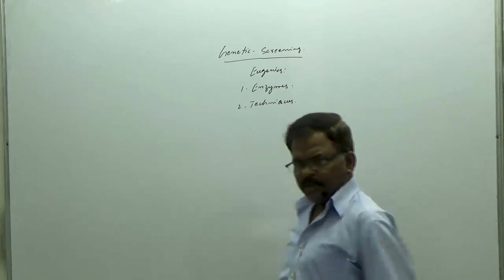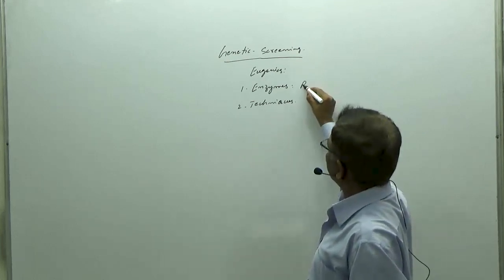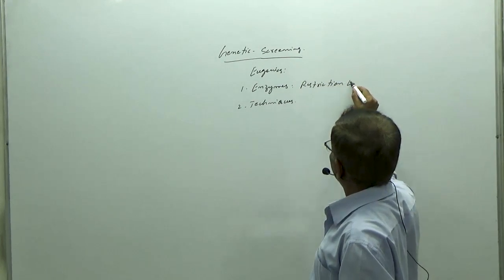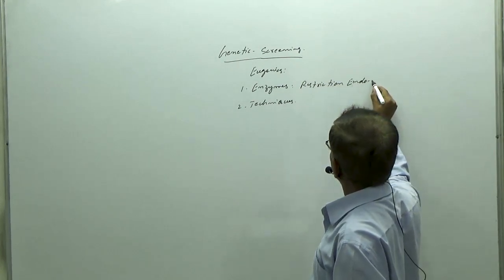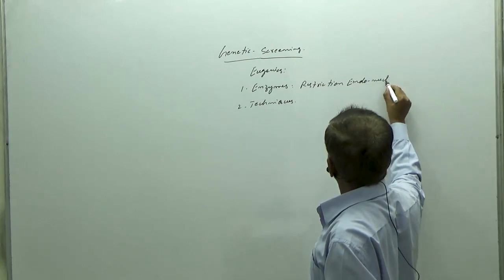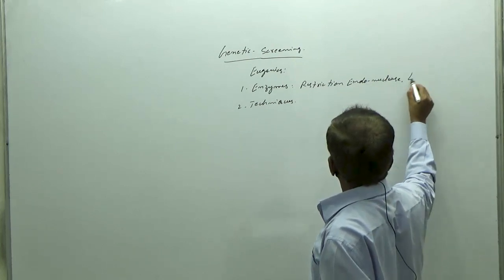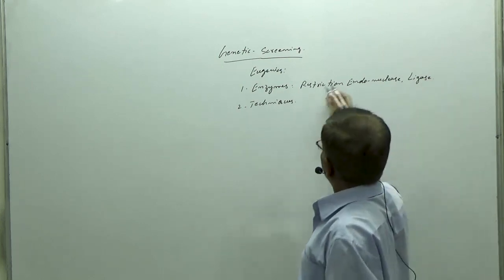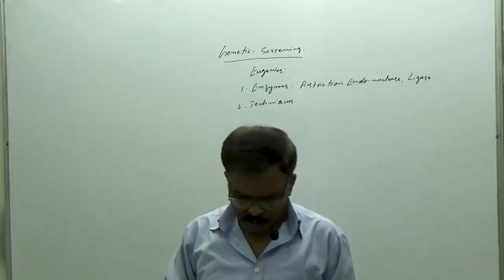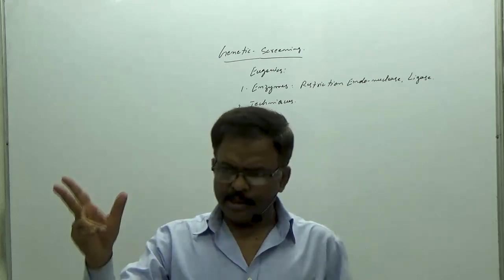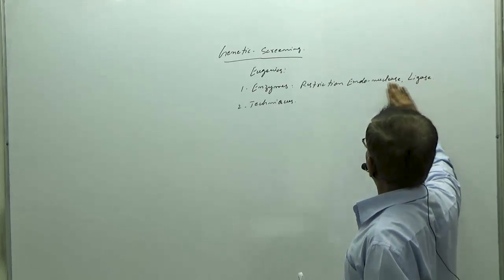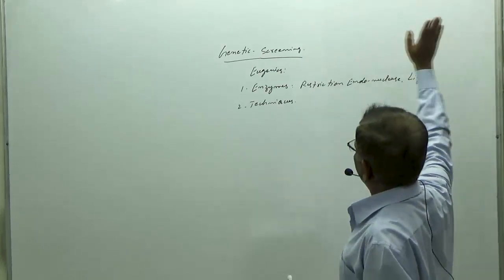What are the enzymes? Restriction endonuclease and ligase. This restriction endonuclease is useful to cut and separate the gene. This ligase is useful to paste the genes.